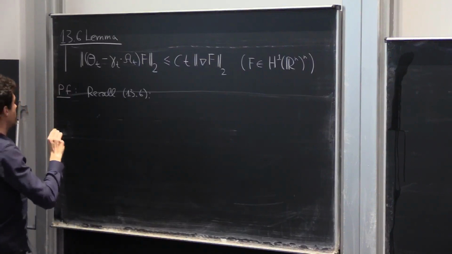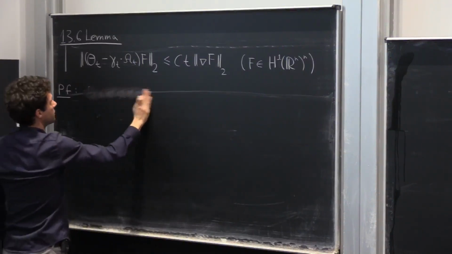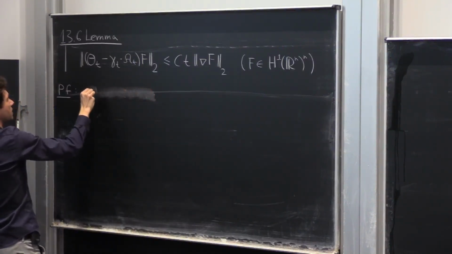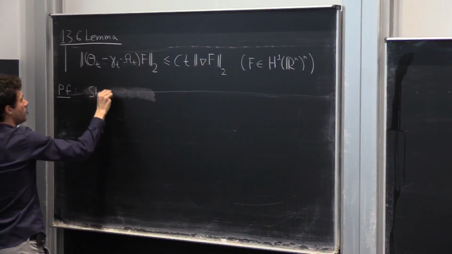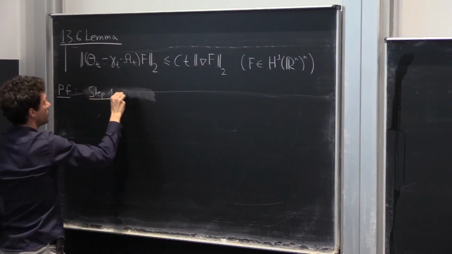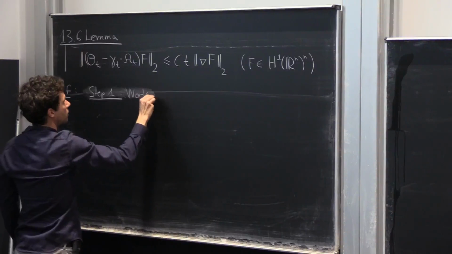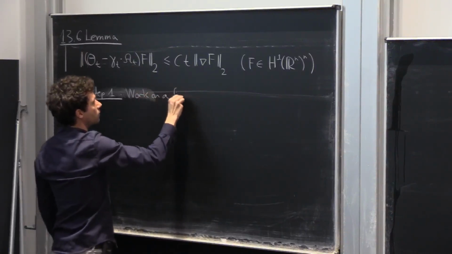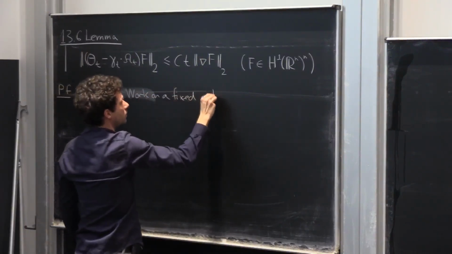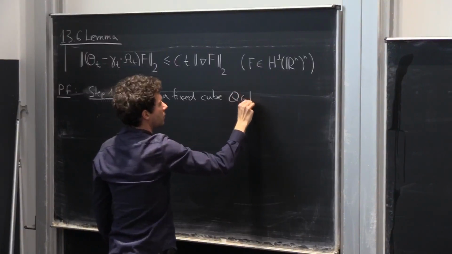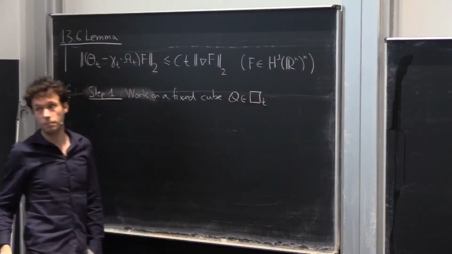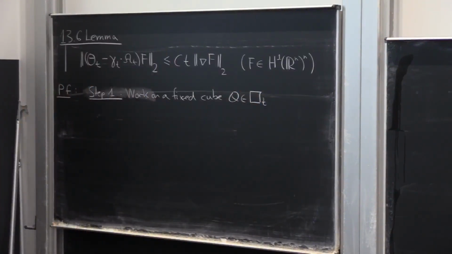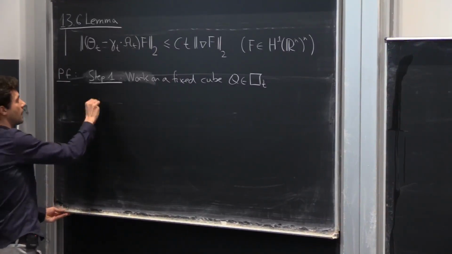If I work on a cube, I should say first I do the proof in two steps. Step one is I'm going to work on a fixed cube. I'm going to do something on a fixed cube, and then I'm using some off-diagonal magic to prove a global bound. Okay, so on a fixed cube, I have two things.